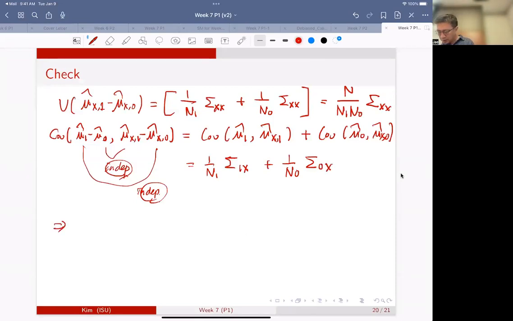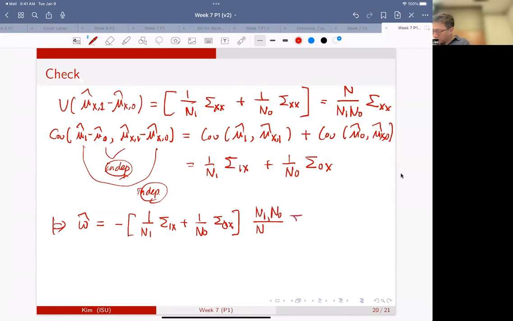So then omega hat, this guy is minus 1 over n1 sigma 1x plus 1 over n0 sigma 0x, and then n over n1 n0 sigma xx inverse, this is inverse.